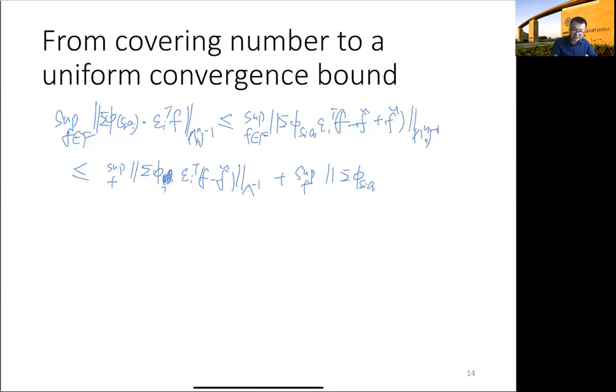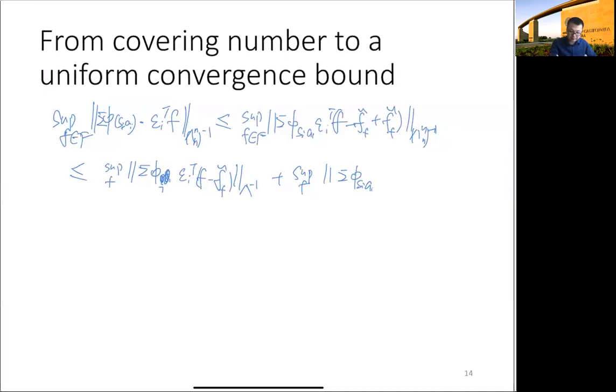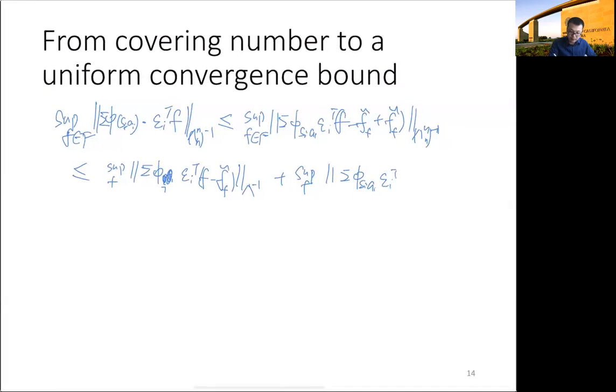Actually, it depends on f because f tilde is chosen as a function of f. This one is chosen as a function of f. So let me make it more explicit. So then we'll have f tilde, right? And so let's now deal with the two terms separately.